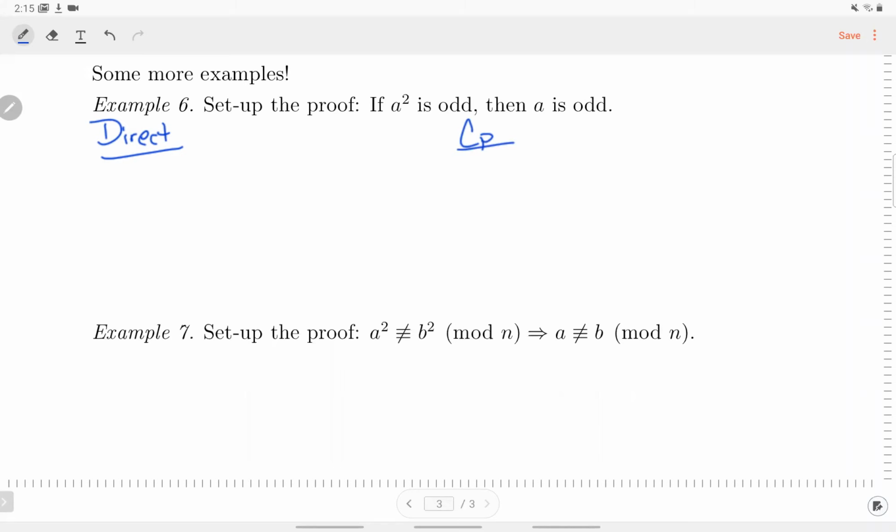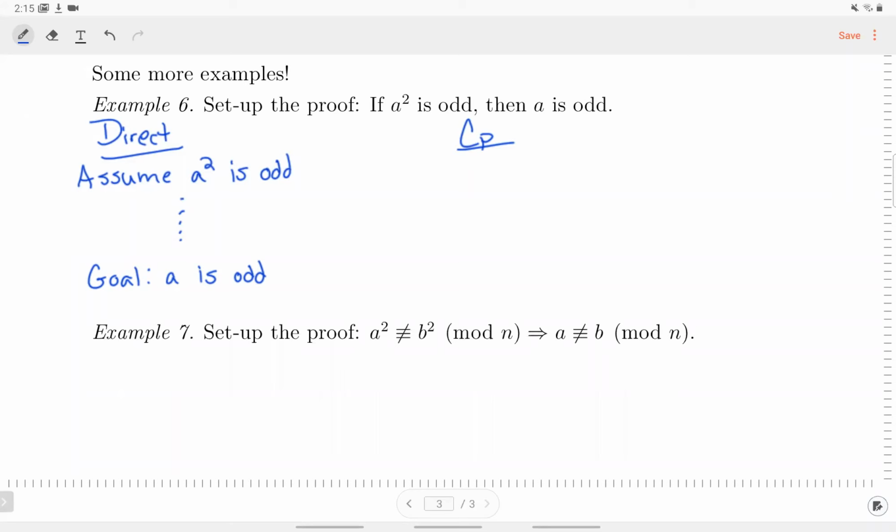So my statement is, if a squared is odd, then a is odd. If I were going to do a direct proof, what would I assume? a squared is odd. And then I'd work from there, blah, blah, blah. And what would my goal be? a is odd, yeah. Which would be the same thing as saying a is 2k plus 1 or something like that.